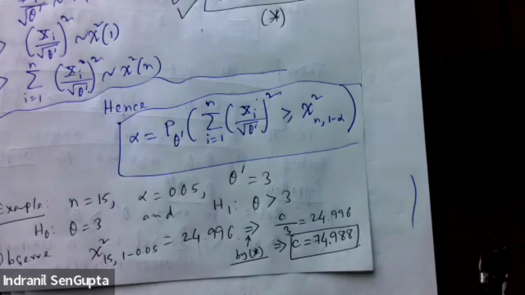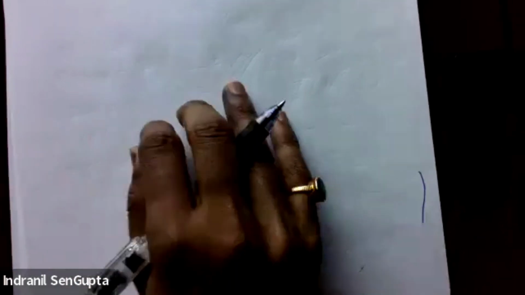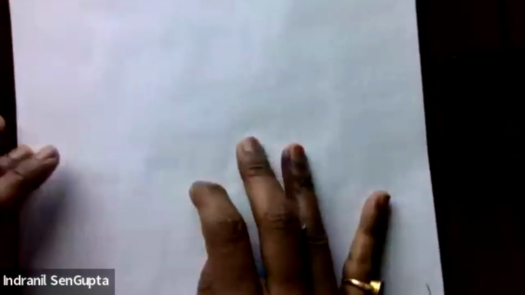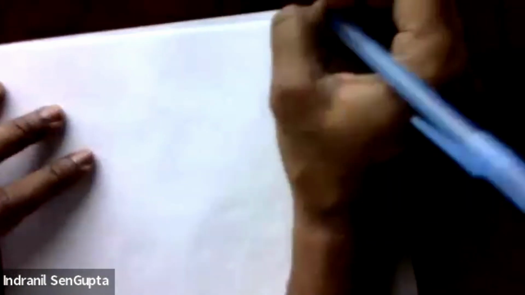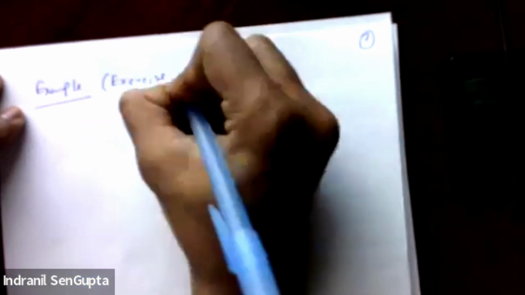All right. So let's do another example. So this is problem number 8.2.7, exercise 8.2.7.